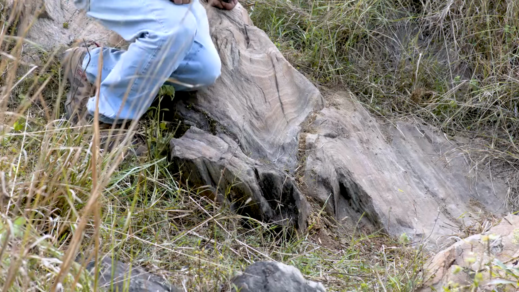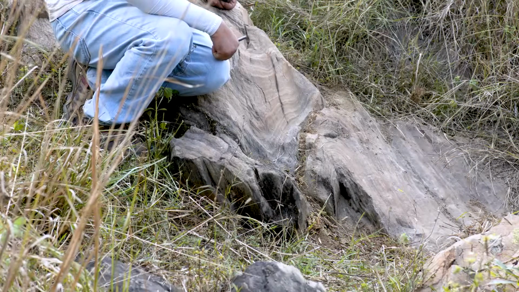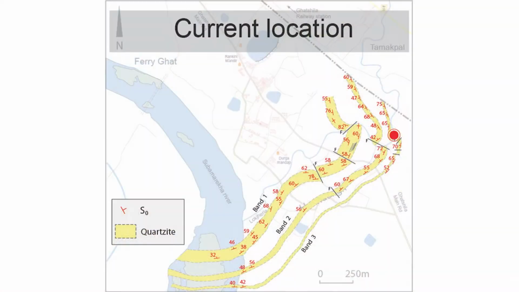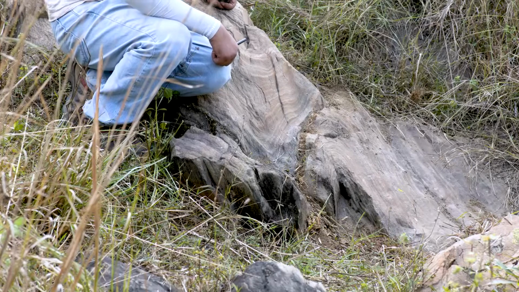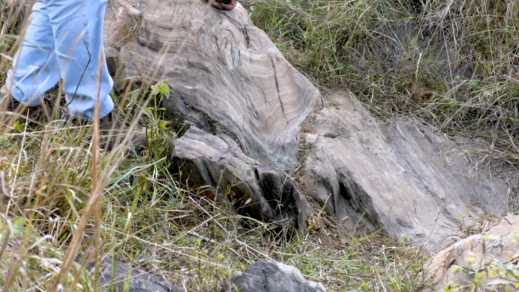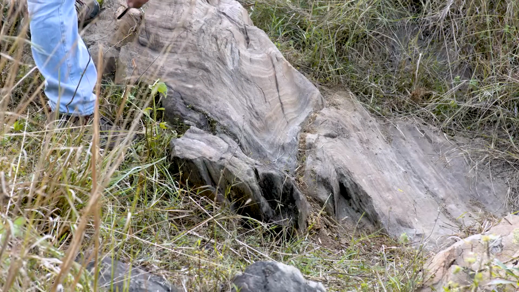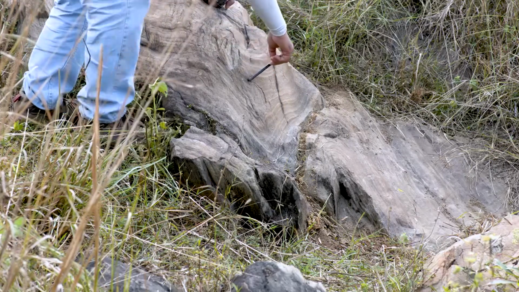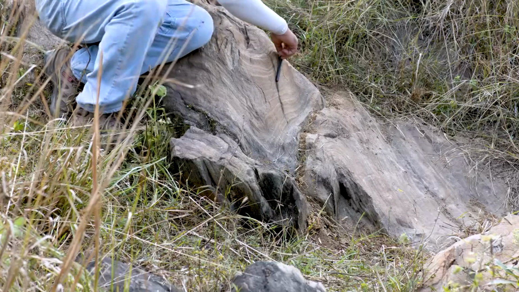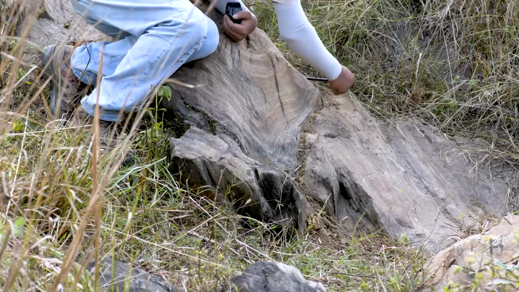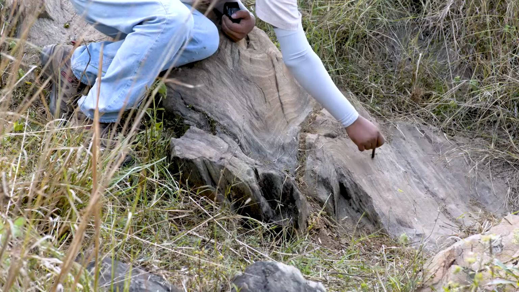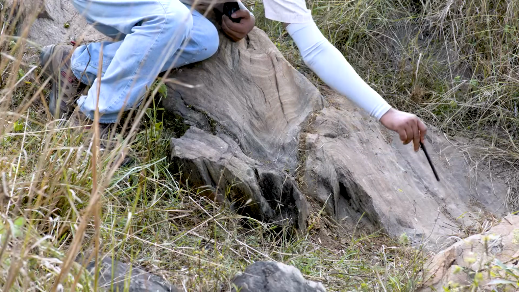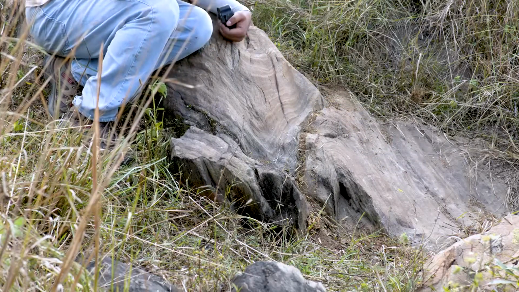So, here we arrive at the hinge zone of this third quartzite band that I was talking about in the previous section. What we see here, you can follow, these are the traces of the bedding planes, and then it turns here and then it goes here, it takes a further turn and goes in this direction.